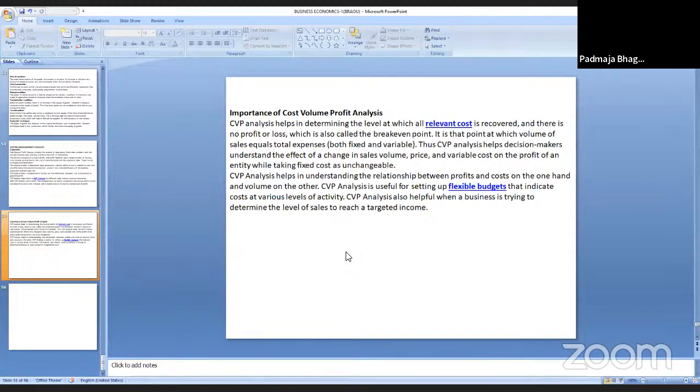Then cost volume profit analysis helps decision makers to understand what is going on in the market, and what the effect is if you make changes in the sales volume, the price, and the variable cost on the profit of the entity, while taking the fixed cost as unchanged. Is it clear?